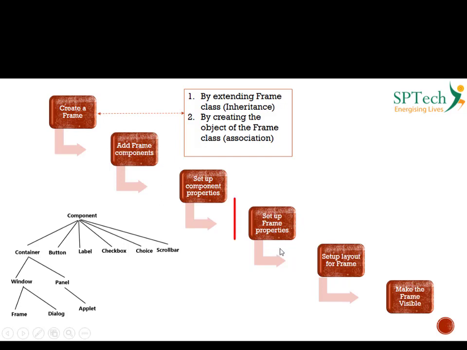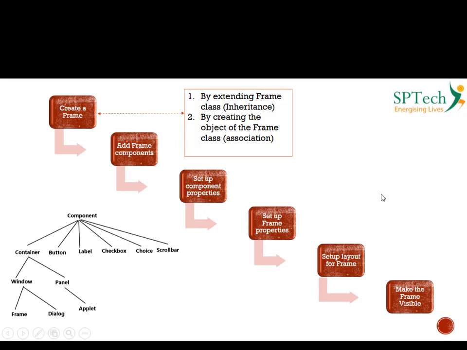Then set up the frame properties. After setting up the frame properties, you set up the layout for the frame, and after setting up the layout of the frame, you make the frame visible. So these are the steps required in order to develop a simple GUI application.